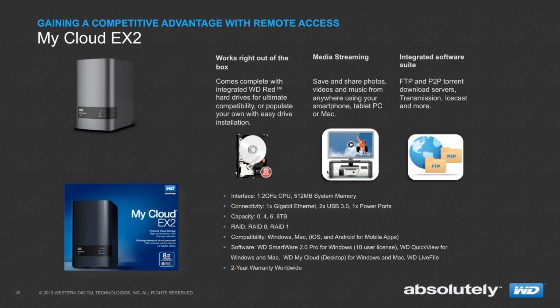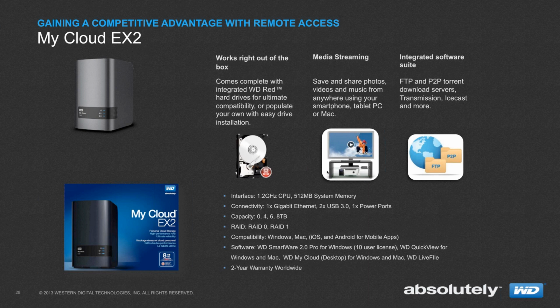Now, we make a sister product called the MyCloud EX2, and basically we have some white products, and then we've got some EX series products. The EX series products have a lot more small business SOHO features in them to make them usable on a corporate network. They work great with Active Directory, but they also just have a lot more advanced network options.